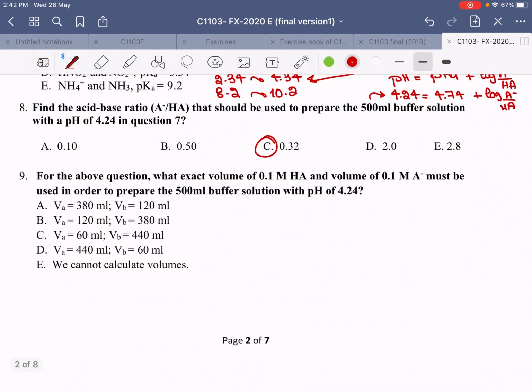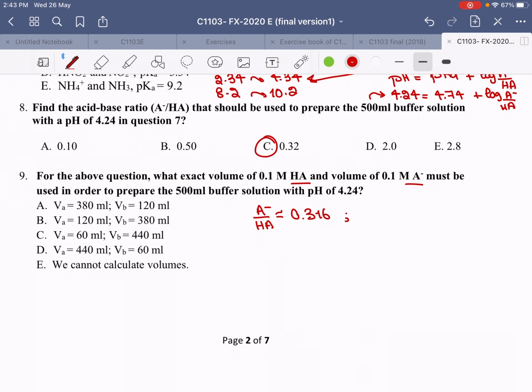C. طيب for the above question, what exact volume of HA and A- must be used to prepare 500 milliliters of the solution with pH 4.24. انتبهوا انه نحن we already established the ratio. من هيدا الريشيو أنا بعرف إنه ال A- على ال HA بده يكون around 0.32. فينا ناخد ال 0.32 by the way أو فينا ناخد ال 0.316. You can approximate.